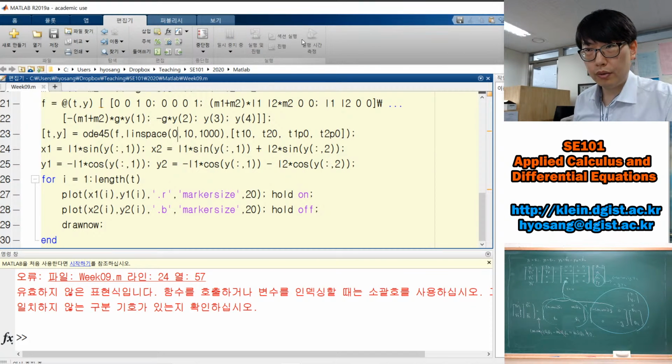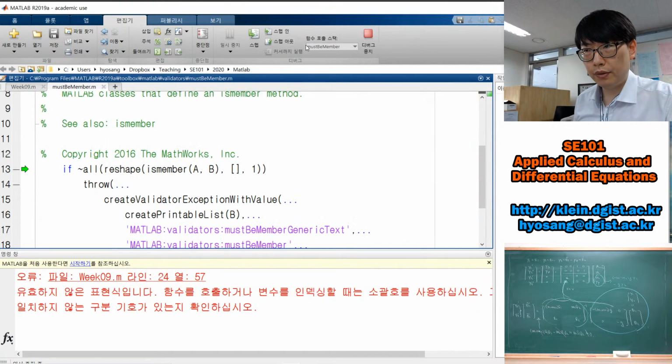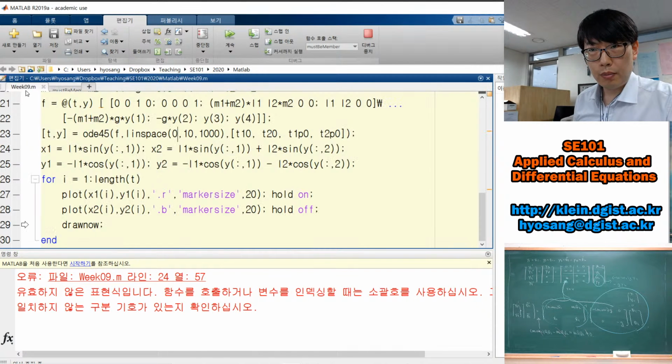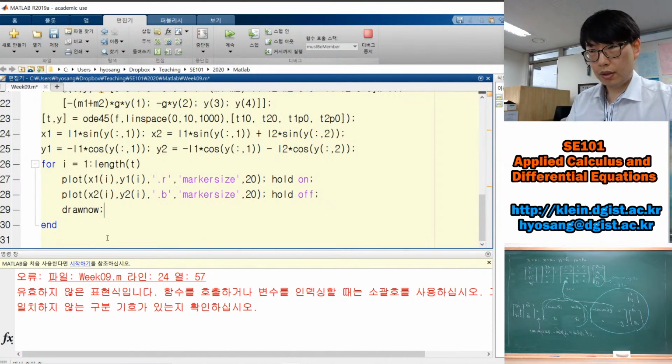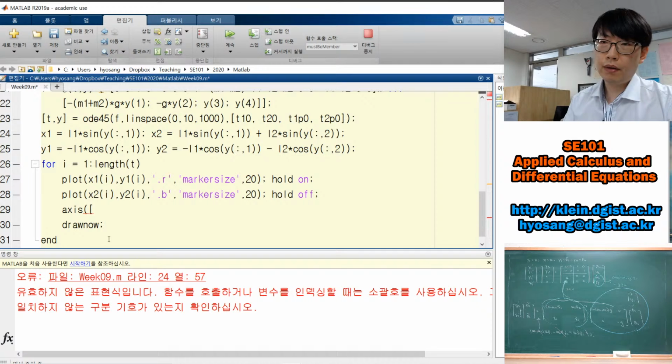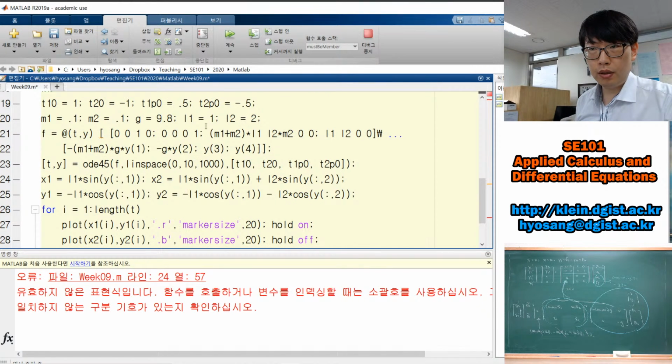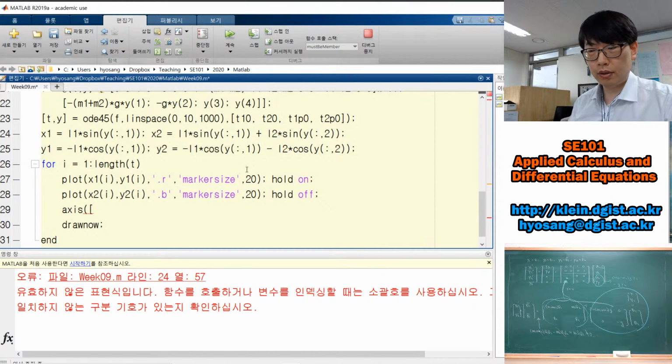Wait, fix my bug. So let's see, the axis is from L1, L2, L1, 2. So let's see, minus 4 to 4, minus 4, 0.